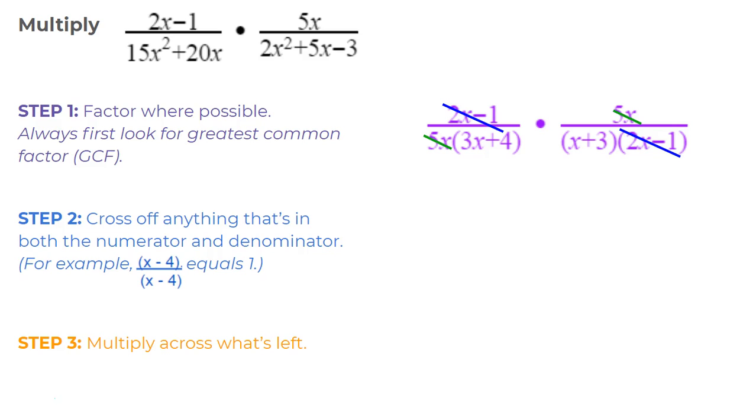So let's think about what's left. We're going to multiply across what's left now. In the numerator, we don't have anything, so we just put a 1. In the denominator, we have a 3x plus 4 and an x plus 3. We can also multiply this out if we want using the FOIL method, and we get 3x squared plus 13x plus 12.